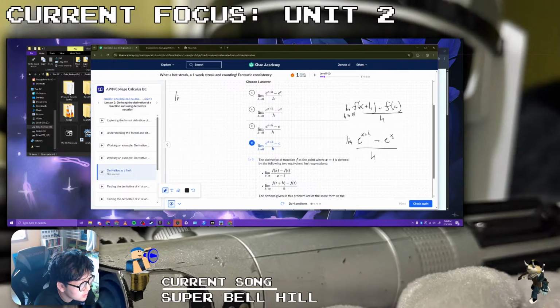So in this case, it would be limit as h approaches 0 of e to the x minus e to the t over, or in this case it would be h. Or no, you got okay, hold on.